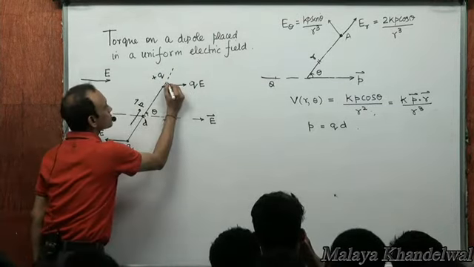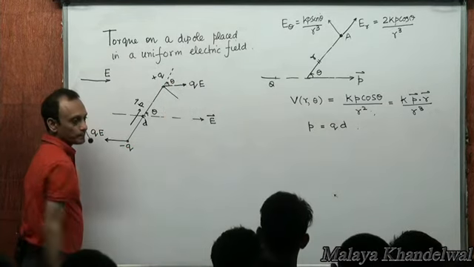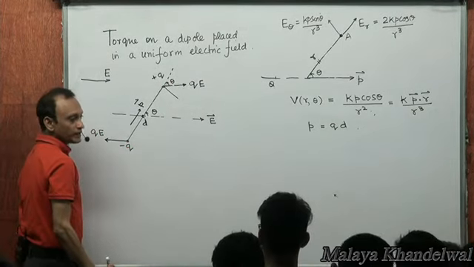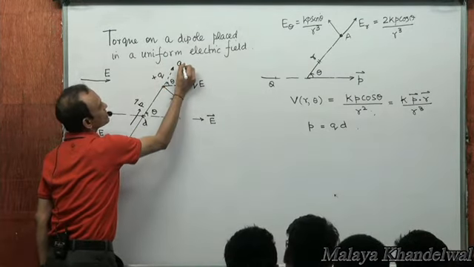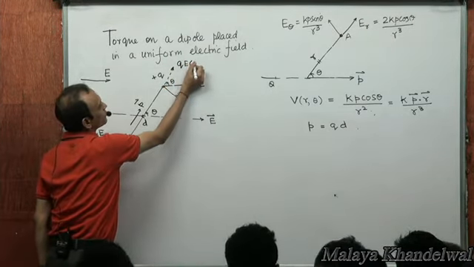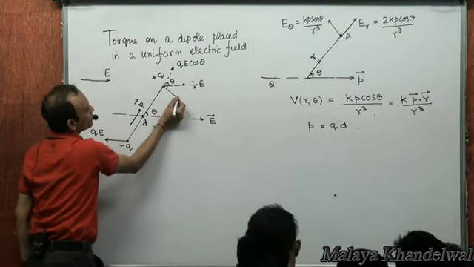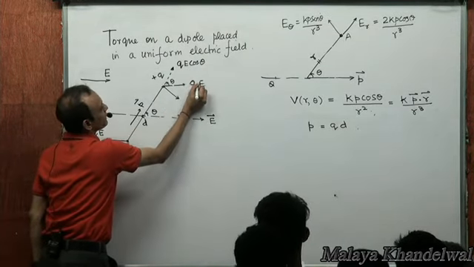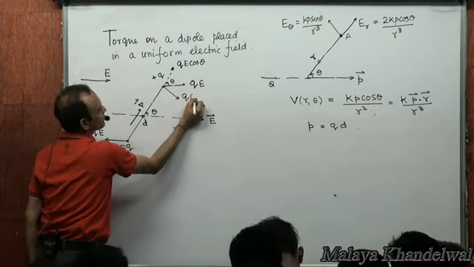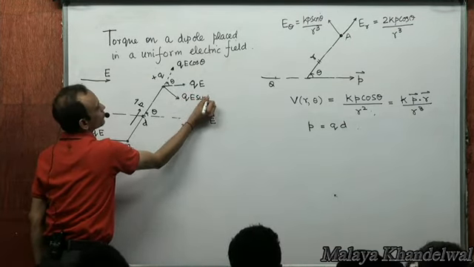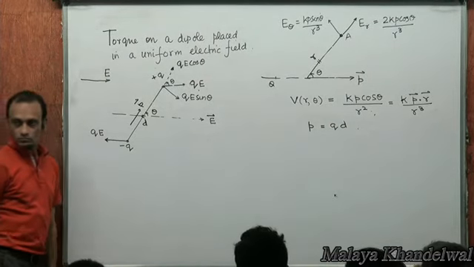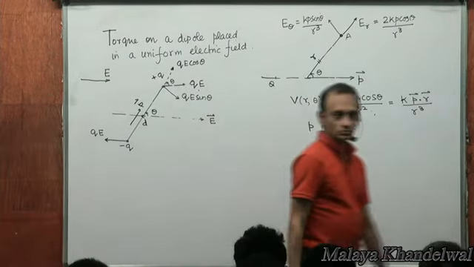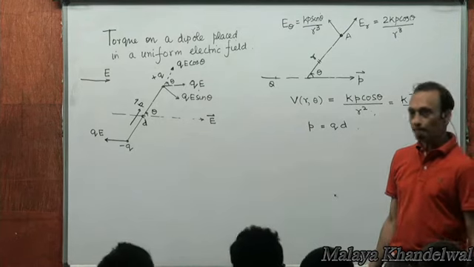This is theta, corresponding angles theta. Right, now this qE could be resolved as qE cos theta along the dipole moment and qE sin theta perpendicular to the dipole moment. Yes or no? Right?